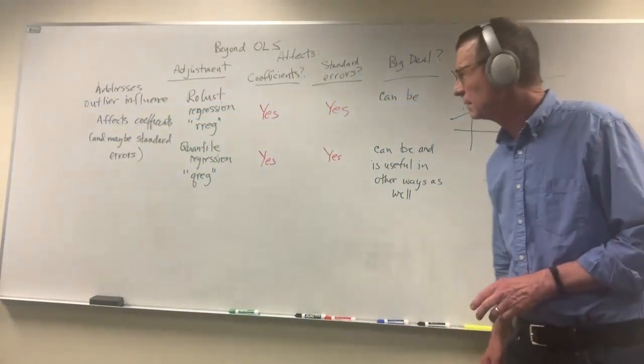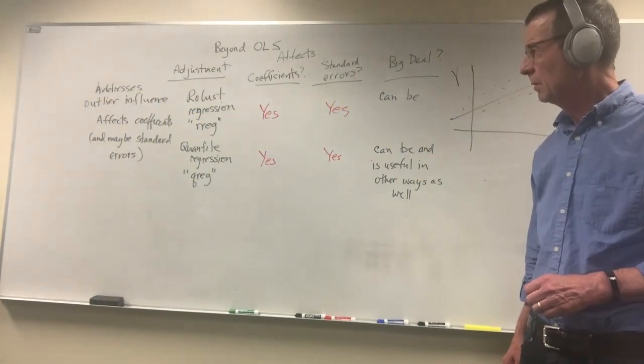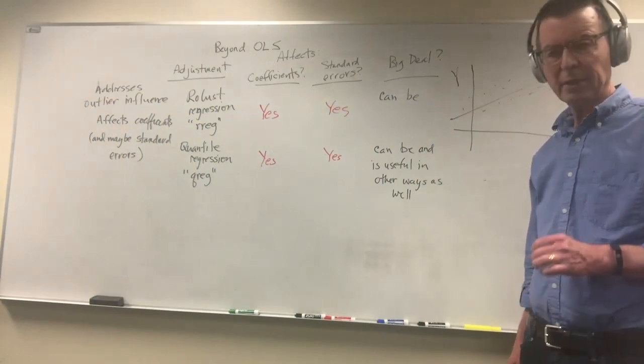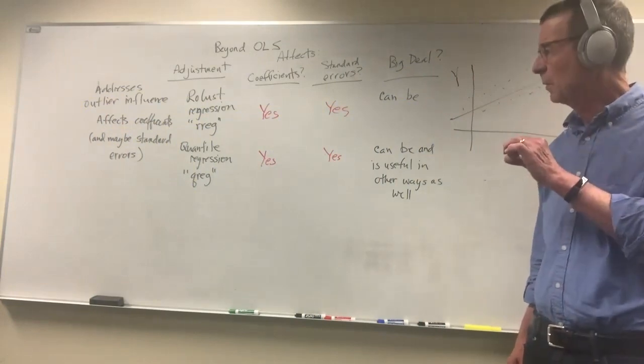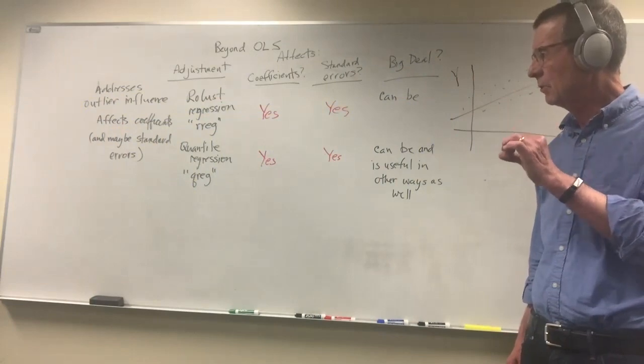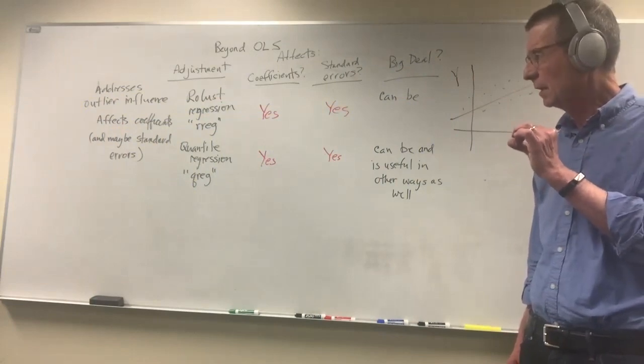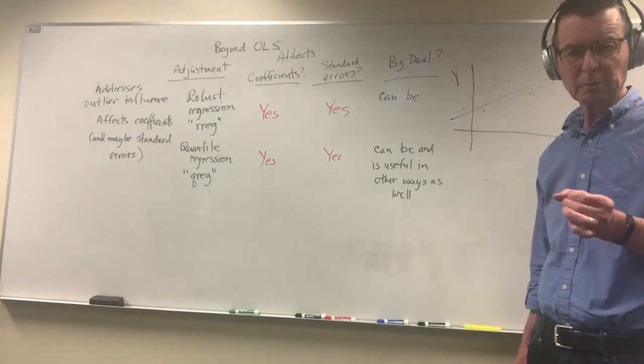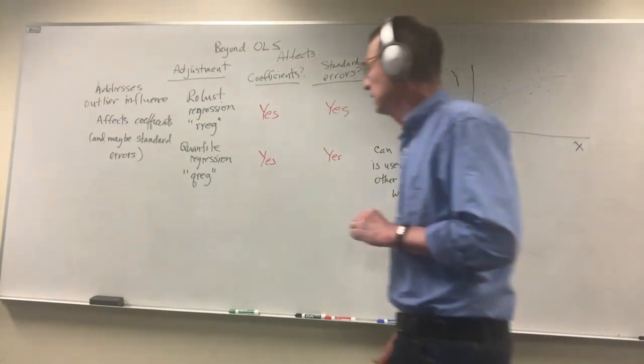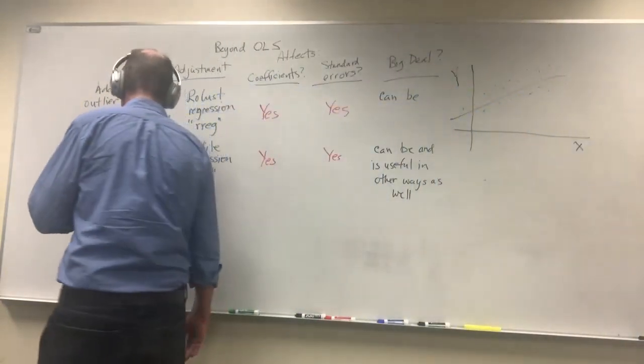First, we talked about adjustments that are going to clean up standard errors. Now we're going to look at adjustments that can affect the coefficients themselves, which in some ways are more important.